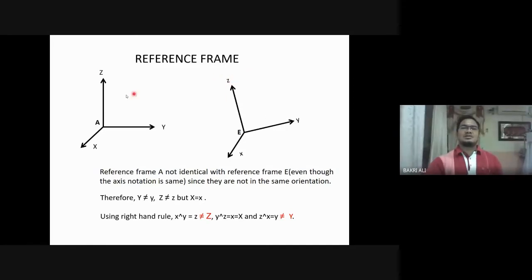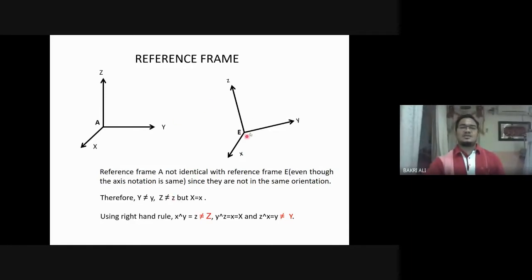The only thing you need to check is whether they are parallel or not. If not parallel, then this Z is different from this Z, and this Y is different from this Y. But in this case, X is the same, so this X is equal to this X. Capital Y is not equal to small y, and capital Z is not equal to the other Z, even though both are capital. But X is similar because it is in a parallel position and in the same direction.